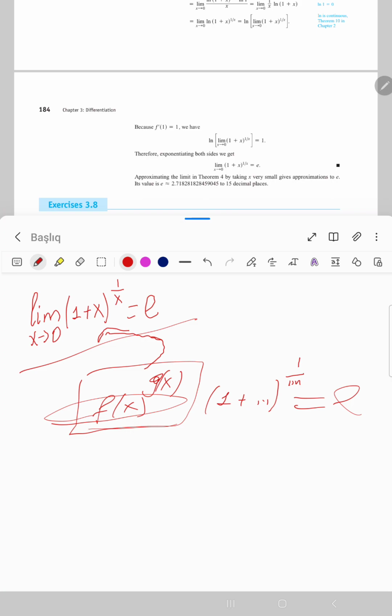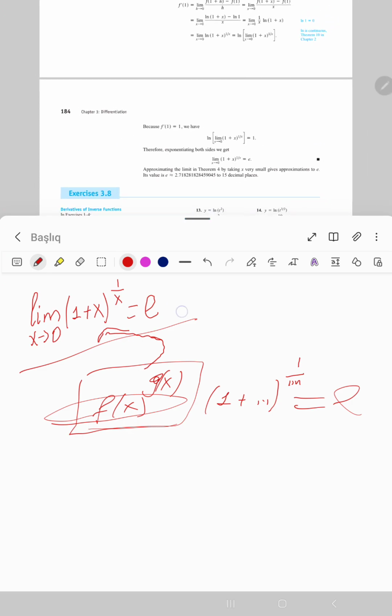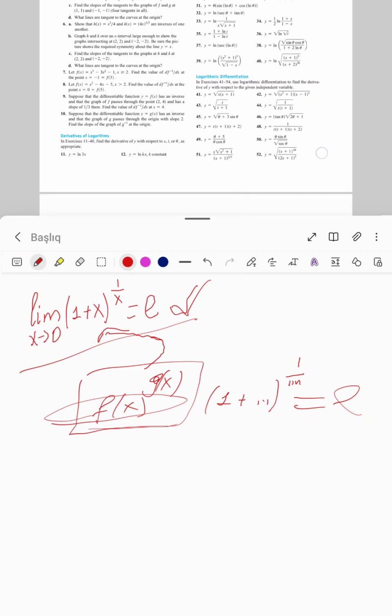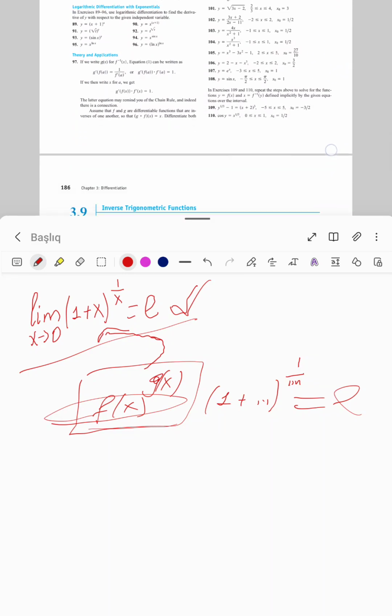Then it will be much easier to solve that limit. We will solve a lot of examples related to this limit, because it would never come to your mind to solve some questions using this, but we'll solve a lot of questions about it. And you will see that it's not actually that difficult.